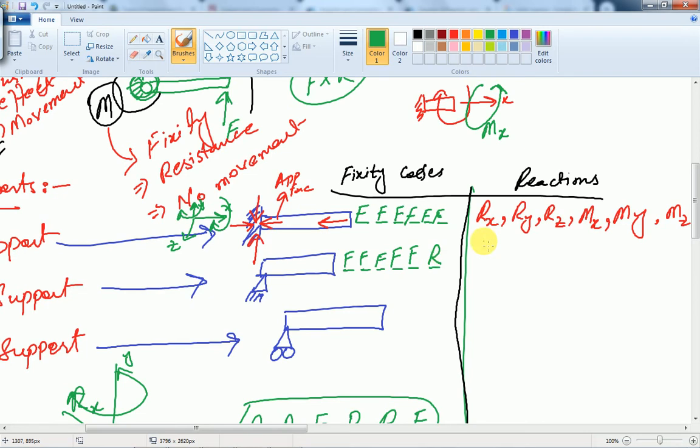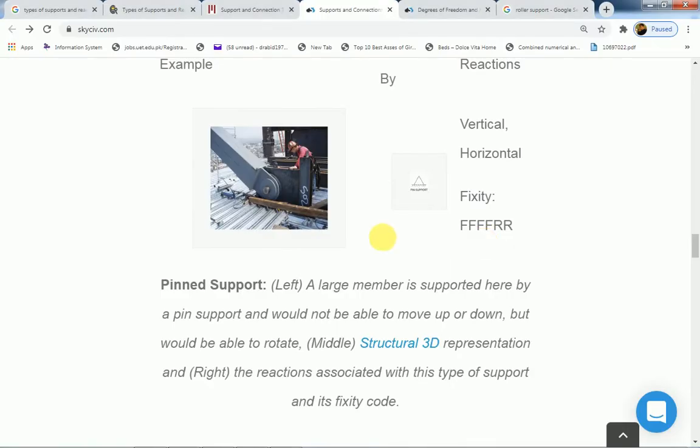It has only 1 degree of freedom, movement about z axis. Here they have summarized the wrong thing. Only about the z axis is it permissible to rotate about the pin axis. This thing they have written in the wrong fashion.